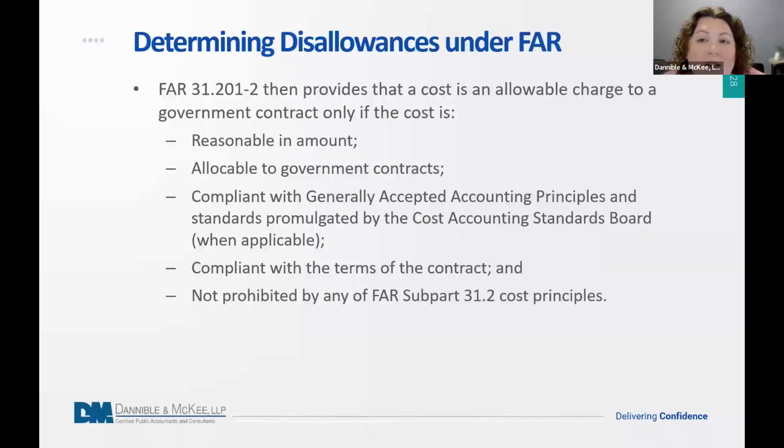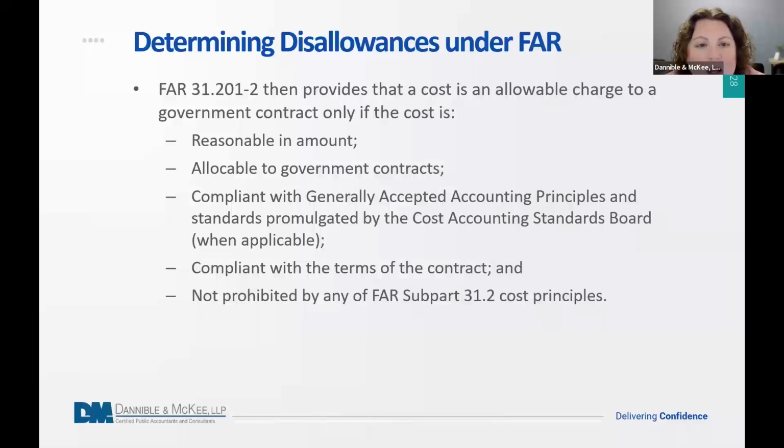So this is what it defines as an allowable charge: something that's reasonable in amount, applicable to a government contract, compliant with generally accepted accounting principles, compliant with the terms of the contract, and not prohibited by anything in FAR subpart 31.2.